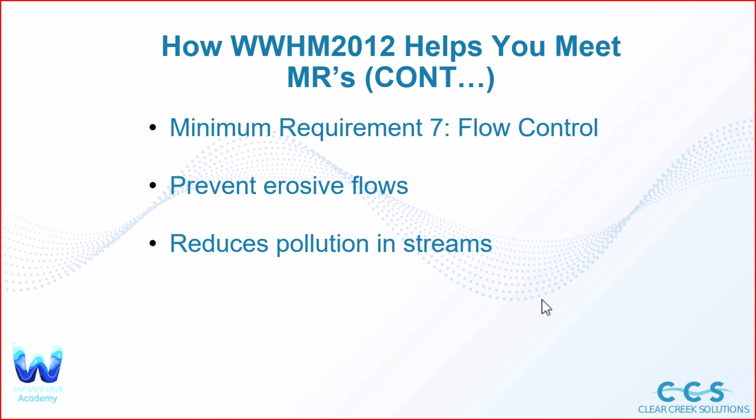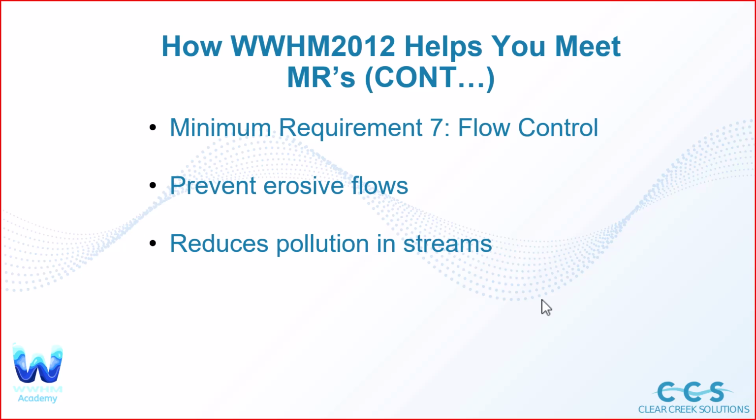And so what minimum requirement number 7 is doing is we want to prevent these flows that have been identified to be damaging erosive flows that take erosion to a level that is dangerous and pollutes our streams. Some natural erosion is good, and it's just part of the natural cycle of the environment. But too much erosion and too many erosive flows is going to cause problems to the ecosystem. So we need to design detention retention facilities and mitigate this excess runoff that causes the erosive flows, and keep it from occurring, and come up with solutions.